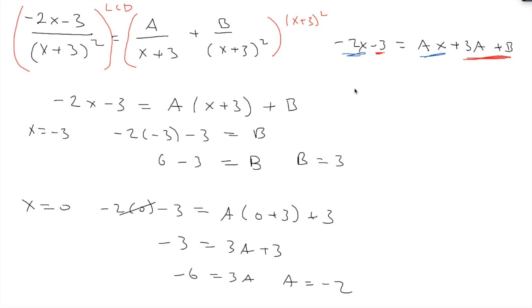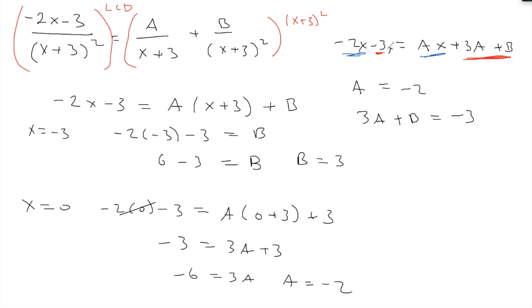So now I have negative 2x equals ax, so that a equals negative 2. And then here I have 3a plus b equals negative 3, setting those equal to each other.